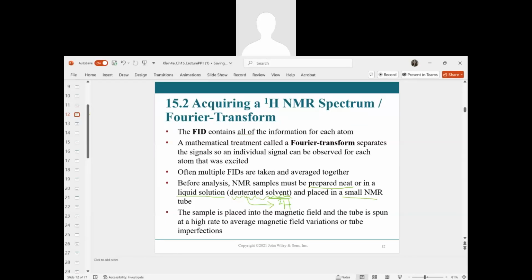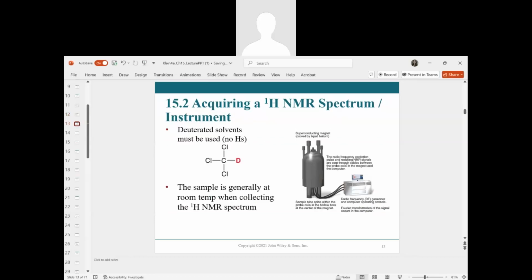So we place these into those small NMR tubes. The sample is then placed in a magnetic field, and we spin the tube. And then we find the average of the magnetic field that is generated. And from there, we can see this is a general setup. So we have our deuterated solvents utilized. So again, no protons.